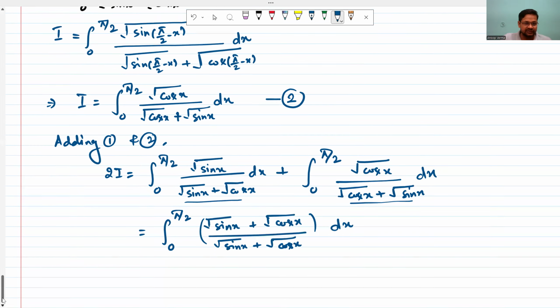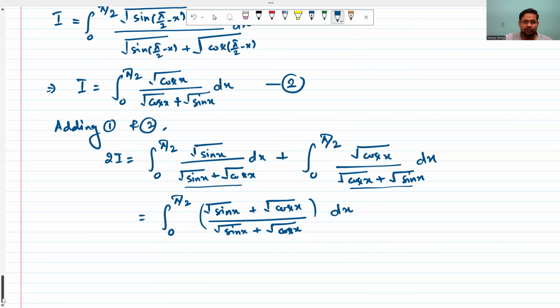So now you have the same numerator and same denominator, you can cancel it out, and between 0 to pi by 2 this never vanishes. It means if you are cancelling x upon x, it should be non-zero.